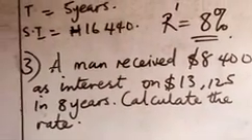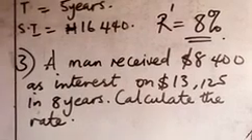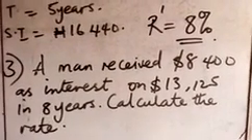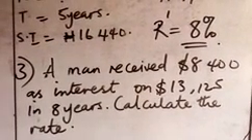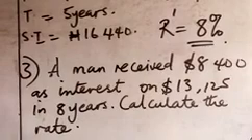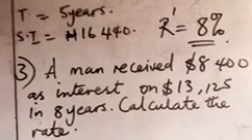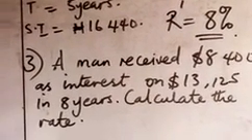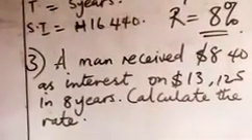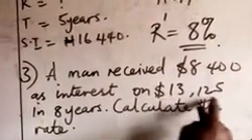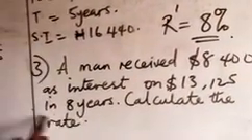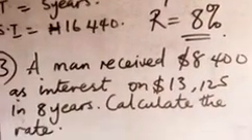A man received $8,400 as interest on $13,125 in 8 years. Calculate the rate.